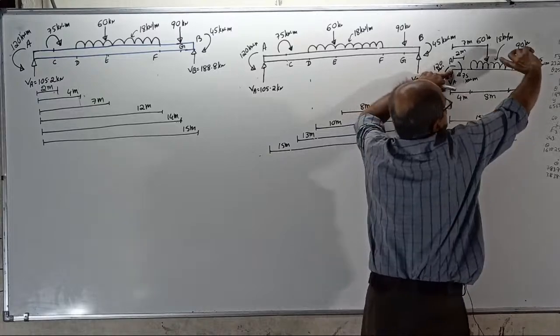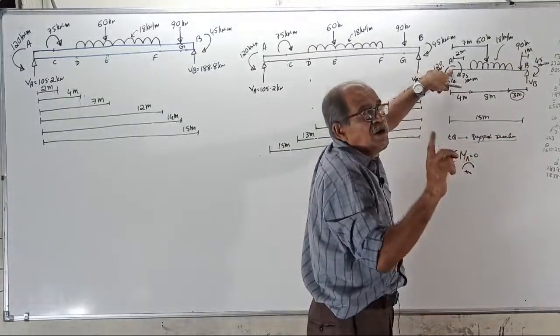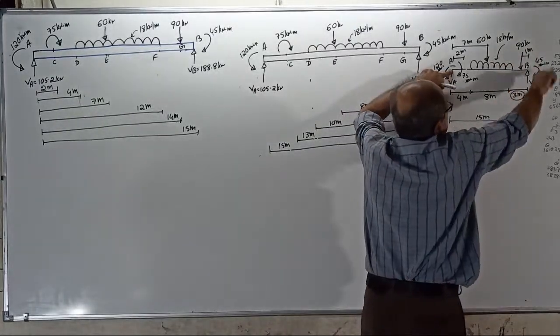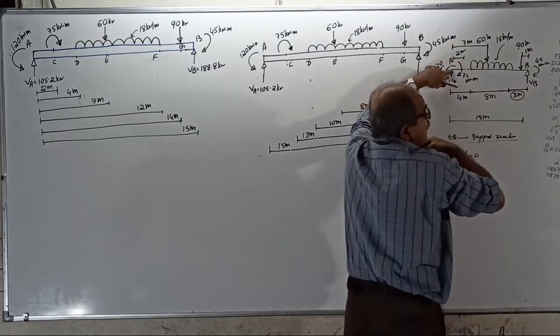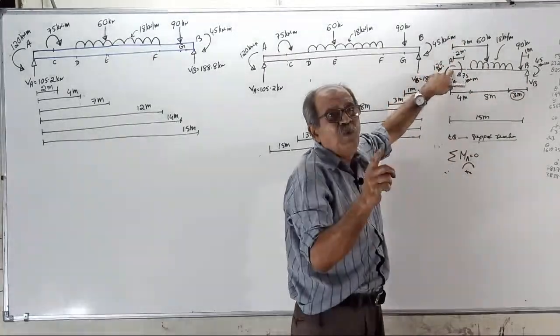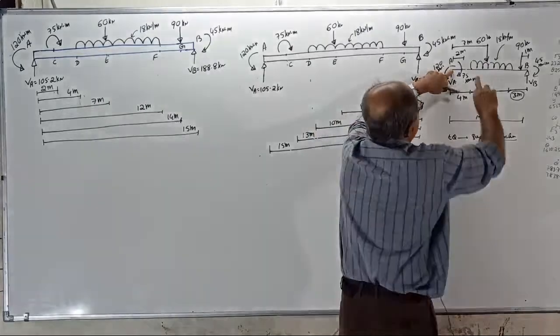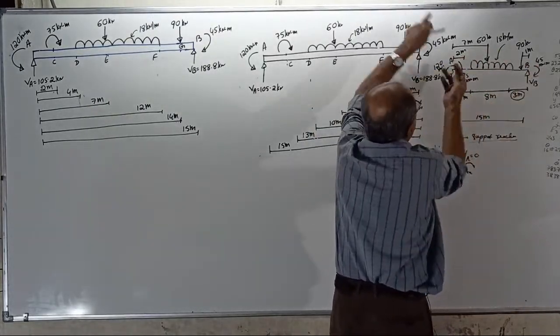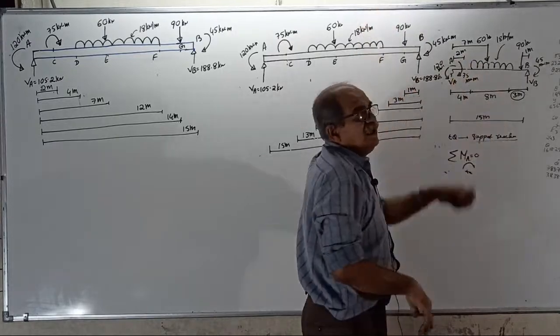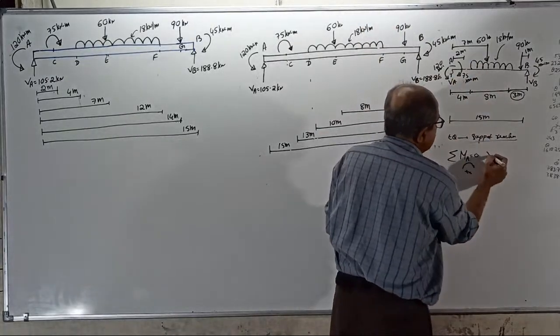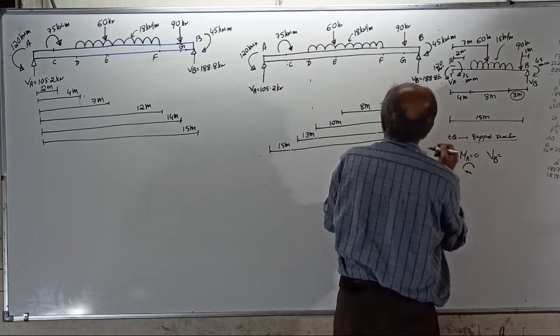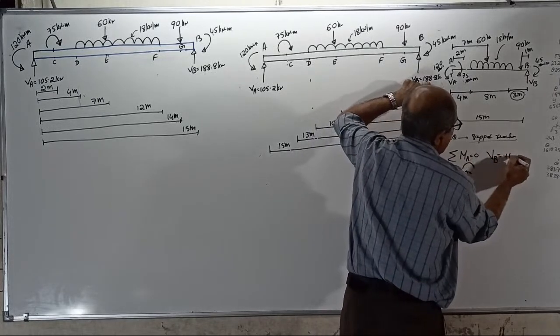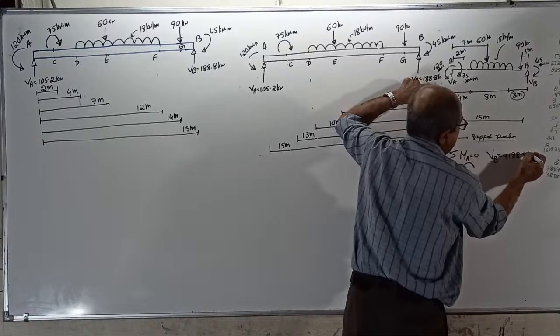Then plus 45 plus 75. This is clockwise, anti-clockwise. No bending moment. See, this couple you can write like this: plus 45 plus 75 minus 120 equal to 0. You will get the value of VB. You try later. VB will come plus 188.8 kilonewton.